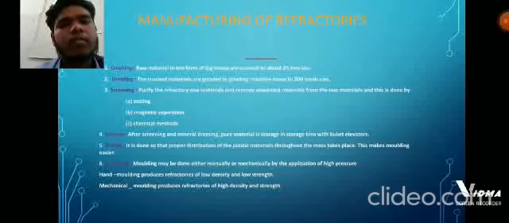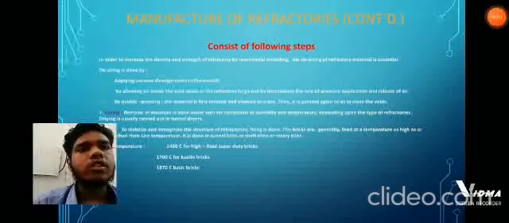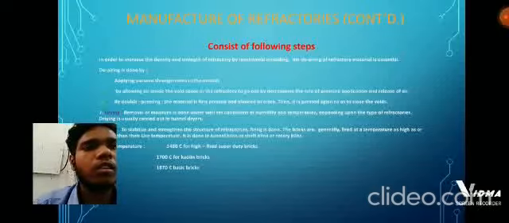Mechanical molding produces refractories of high density and strength. Manufacture of refractories consists of the following steps in order to increase the density and strength of refractory by mechanical molding.